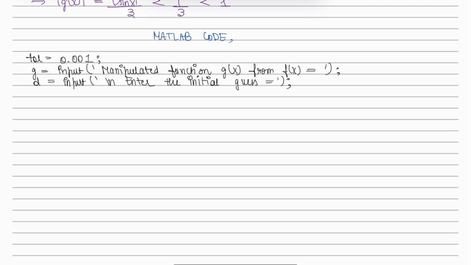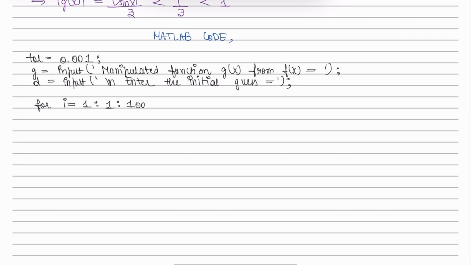Now we have to perform the iterative process. For this we will use for loop starting from 1 with the increment of 1 till 100.